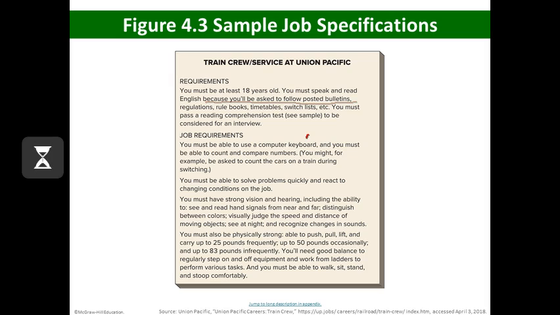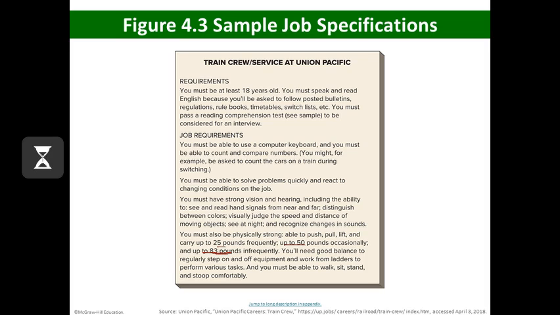They talk about the ability to use a keyboard, being able to count and compare numbers. But essentially what you do is you're going down through a list here and reading about what the requirements are. As you get down to the lifting, they talk about being physically strong, lifting up to 25 pounds and even up to 50 pounds occasionally. And then they have a very specific number here of 83 pounds infrequently.